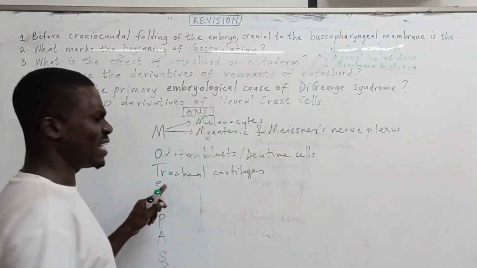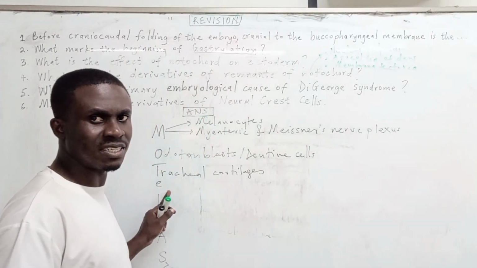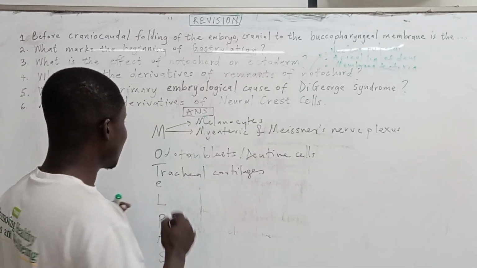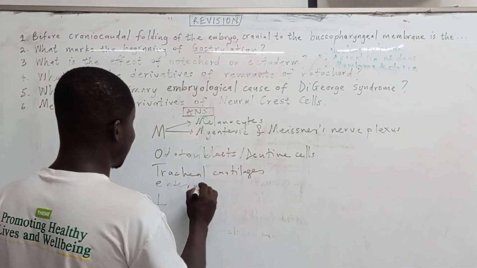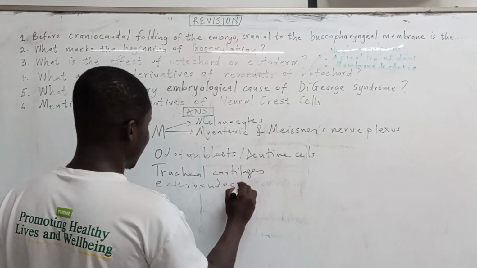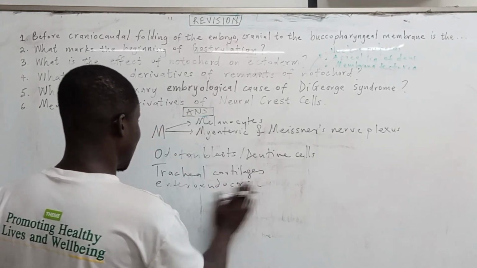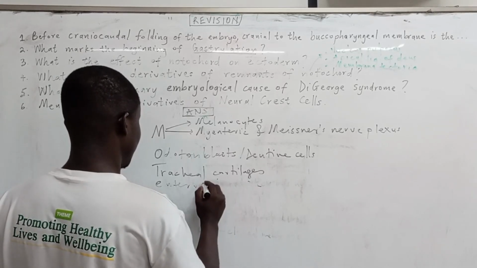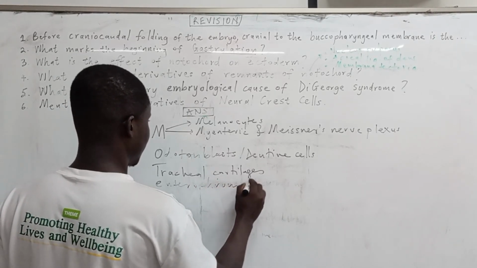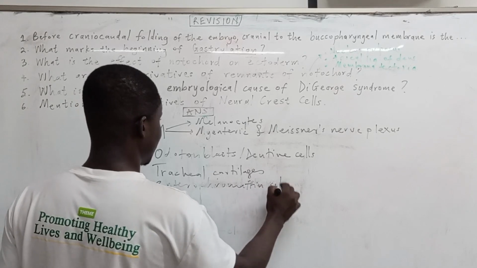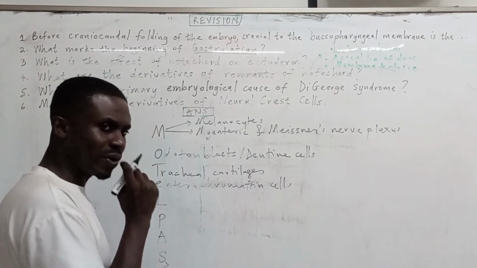And I told you that the E, we don't need to worry about it. Now, what is the reason? Although some people write enteroendocrine, I am interested in enterochromaffin cells. No, it's not enteroendochromaffin cells.